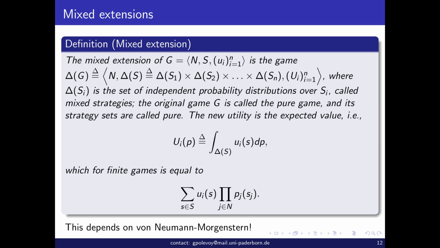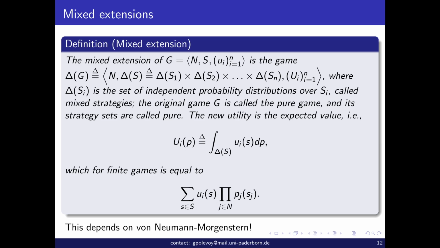So delta Si is a set of independent probability distributions over Si, and these are called mixed strategies. So this is a mixed extension, and the strategies in this mixed extension are called mixed strategies. And the original game is called either just a game or pure game, and its strategies are called pure strategies.